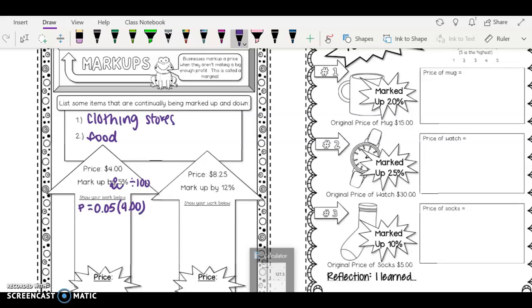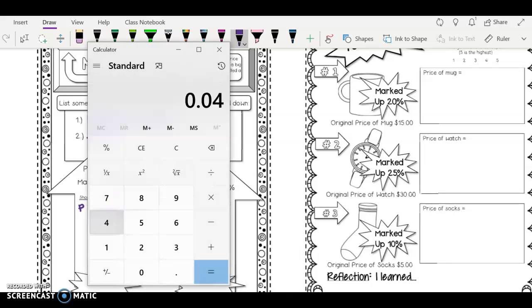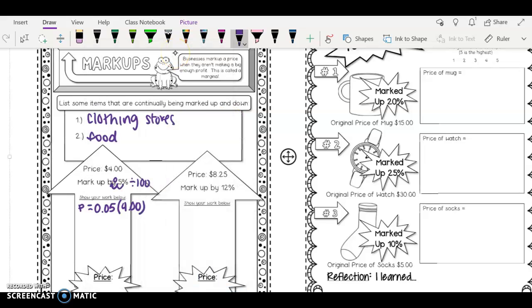So I'm going to do 0.05 times $4, and I get 0.2, which is 2/10, which is the same as 20 cents. So P equals 0.20, so that's 20 cents. And to get my markup, I add this to my original price.